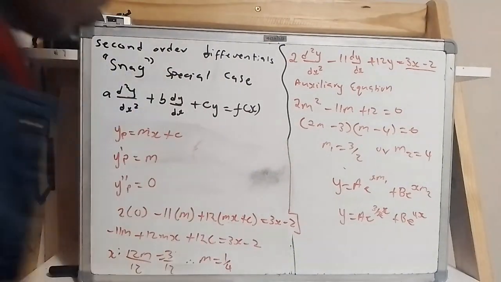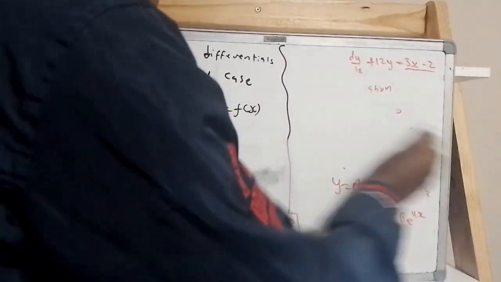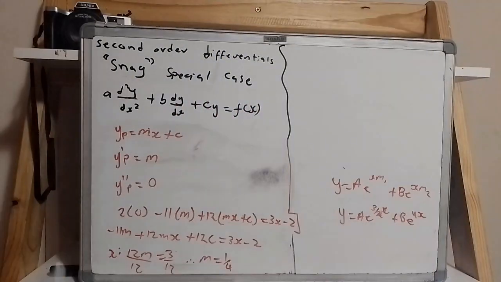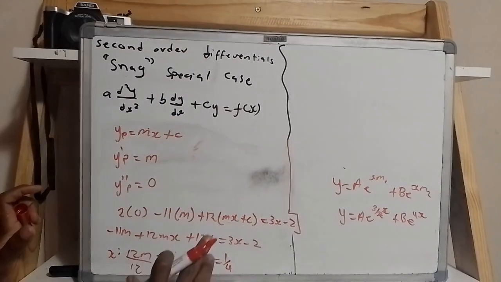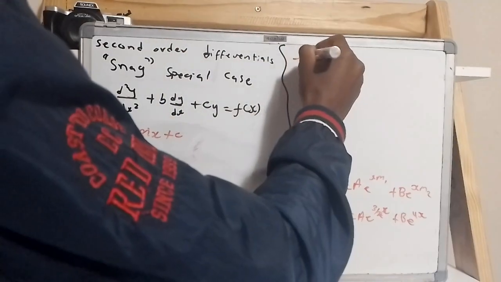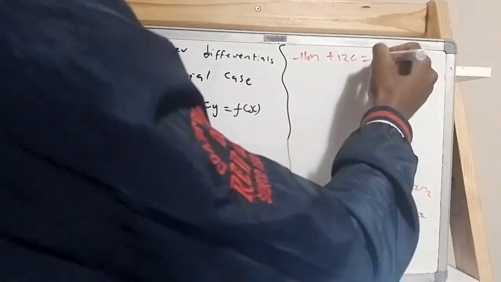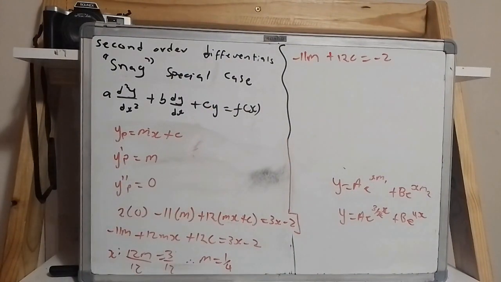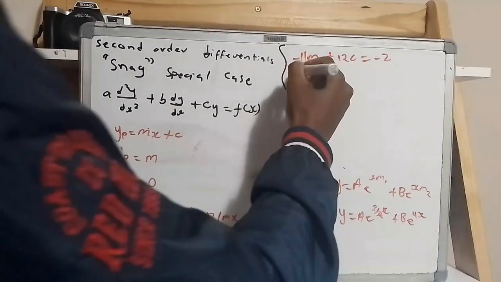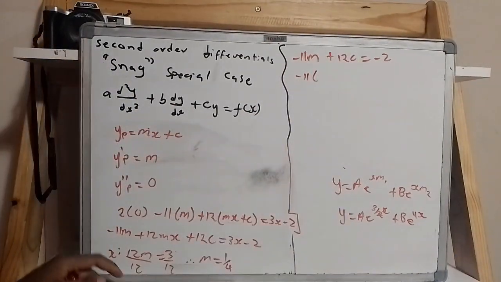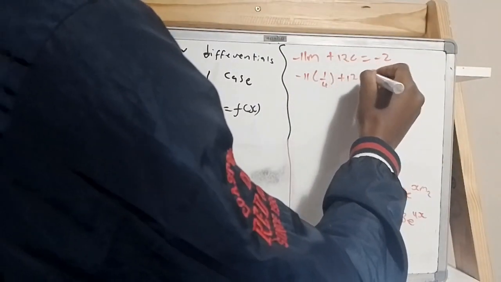Then, after doing that, I can calculate the value of c, right? I'll take the constant terms, the ones that do not have x. I have minus 11m plus 12c, which is equal to negative 2. So now I'll have minus 11 into 1 over 4 plus 12c, equal to negative 2.